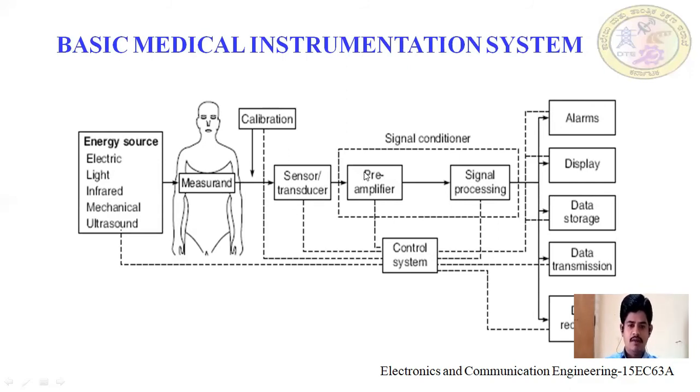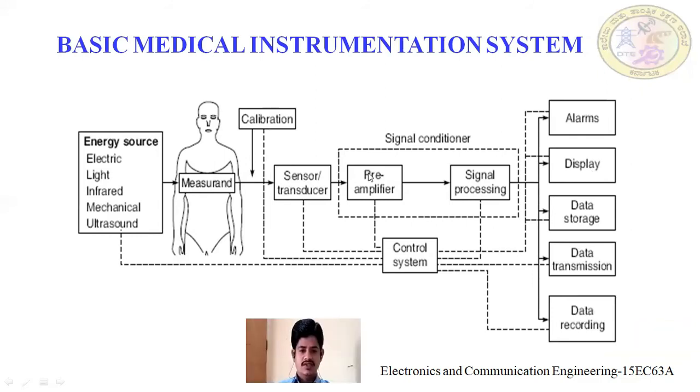Once the signal is in electrical form, it will be amplified first, because the signal generated by the human body is weak in strength, not high enough to drive the output. So first the signal will be amplified, then it will be given to the processing. The function of the processing is to process the received signal in such a way that it can drive the output types.